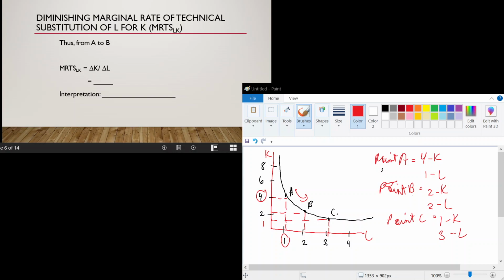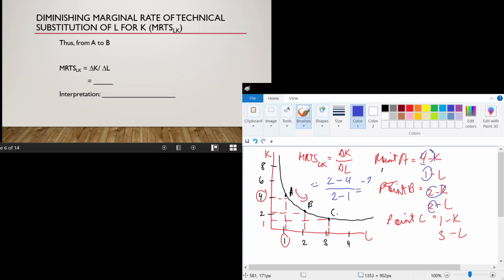So, MRTS LK is change in K over change in L. Okay, so we have here, ano yung present K natin? So we have here 2 minus yung from point A 4 over, so yung L natin is 2 minus dito 1.